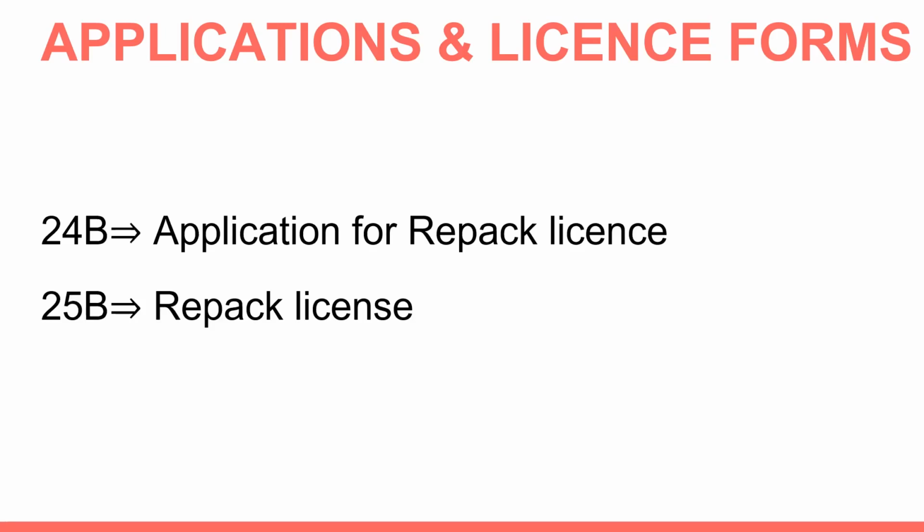You remember it by the words bulky repacked items. If it is 24B, that is the application for repack license. And if it is 25B, that is the actual repack license. That is the issue form.